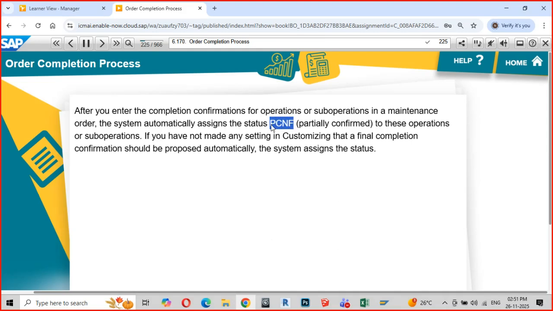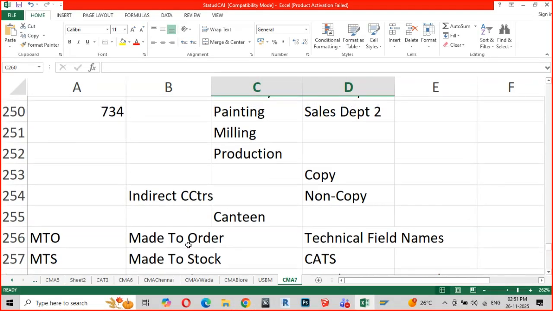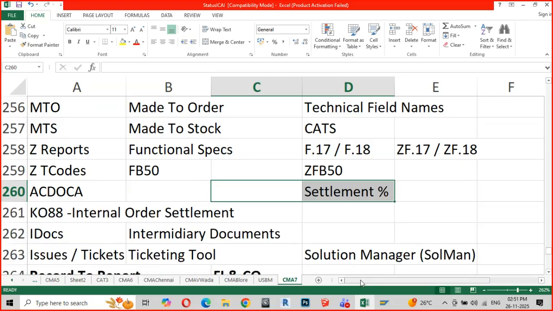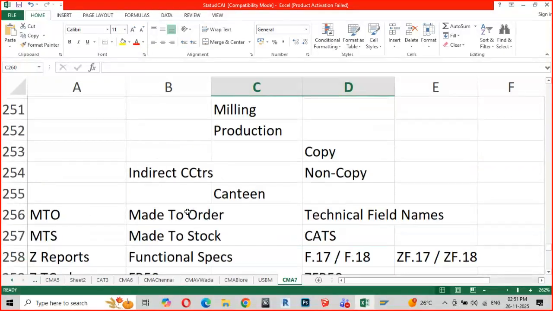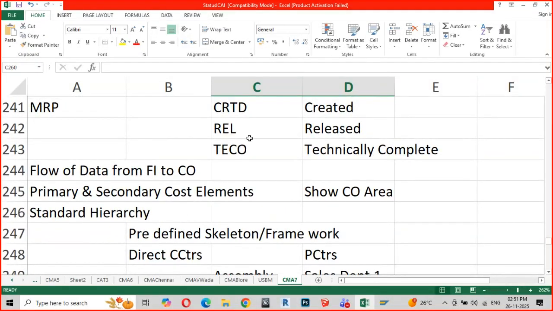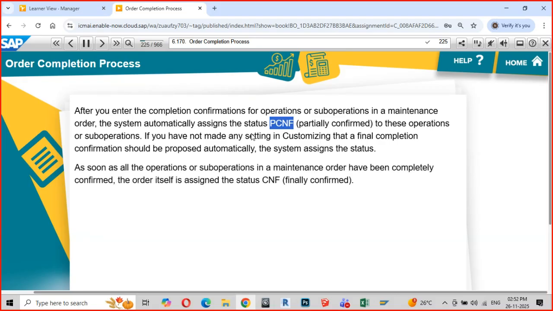I spoke to you about the status of each of the internal orders, CRTD. See, created, REL, released, TCO, technically complete. Same thing applies to your maintenance orders also, but different. Conceptually, it is the same.